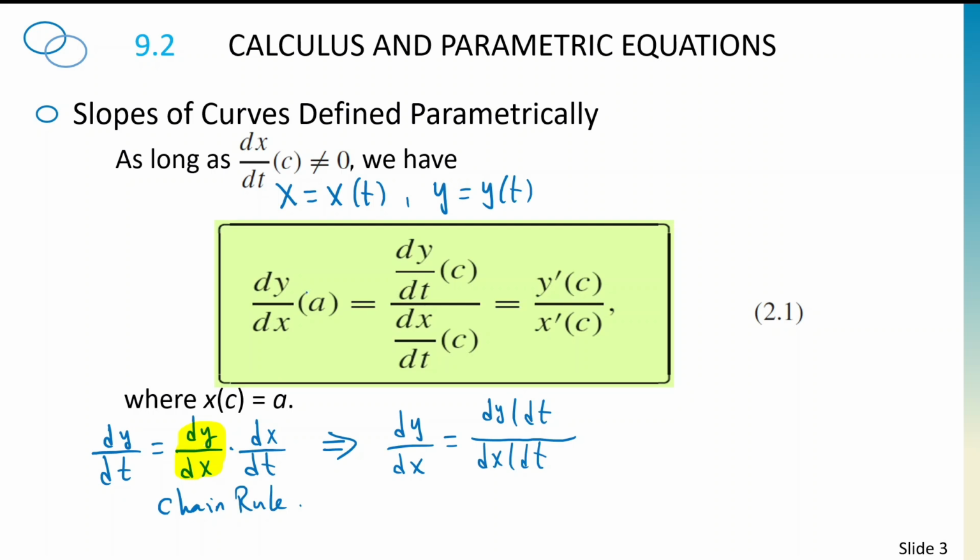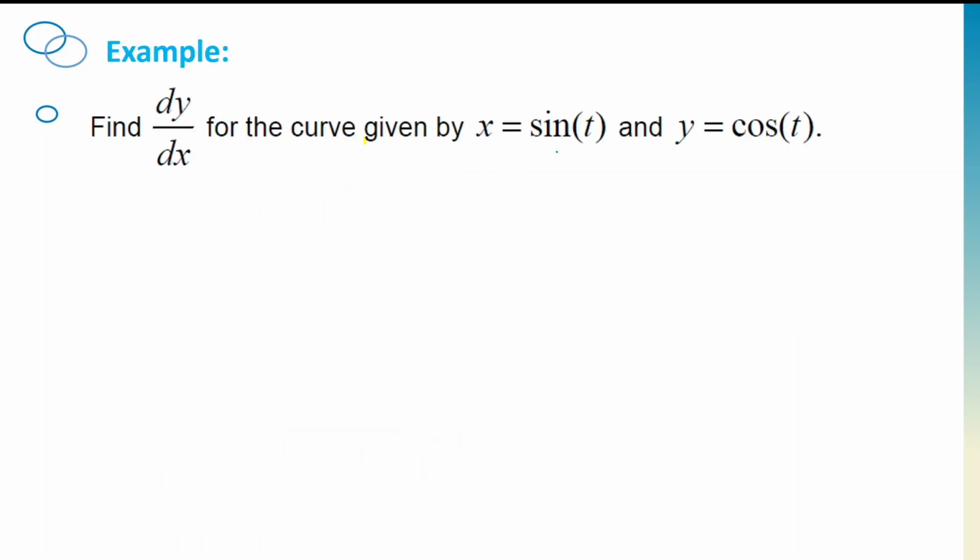Now let's try to apply one question. So we have these parametric equations, x equals sine of t, y equals cosine of t, and we need to find the first derivative dy over dx. So dy over dx equals dy over dt divided by dx over dt.